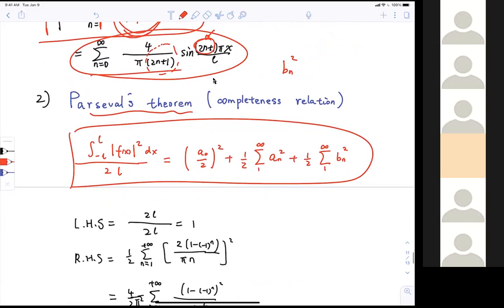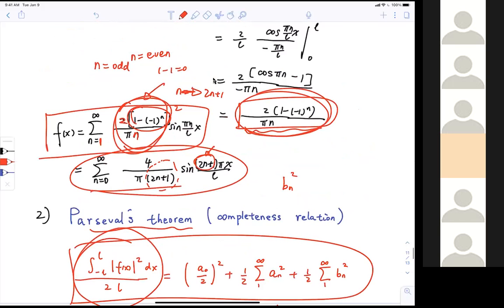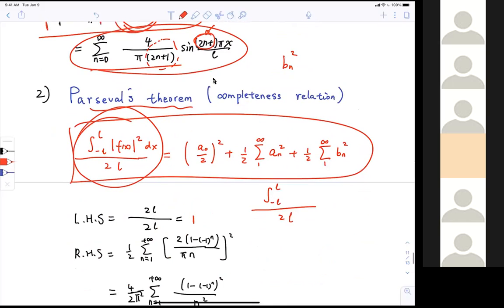On the left-hand side, we can evaluate the average of this function within one period, which is given by 1 over L, the integral from minus L to L. Because you're calculating the absolute value of this function f, remember f is 1 or minus 1, so the absolute value is always 1. So 1 dx gives 2L divided by 2L, which is the final result 1.